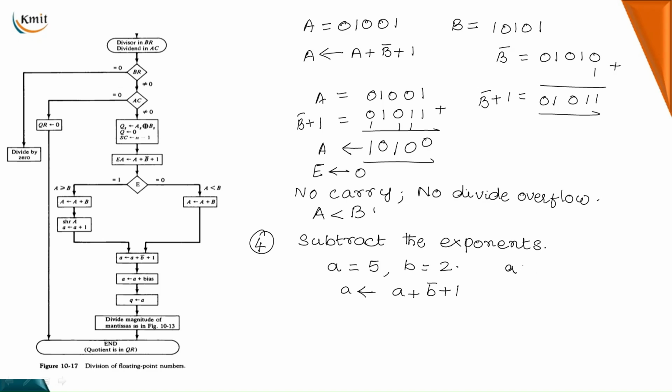So a binary representation is 101, b binary representation is 010. So b complement becomes 101 plus 1. So 110. This is nothing but b complement plus 1.